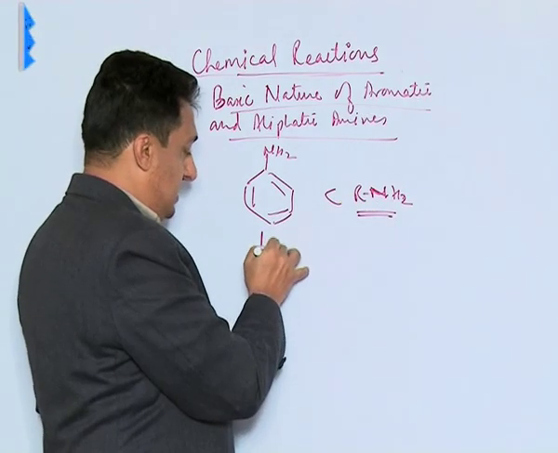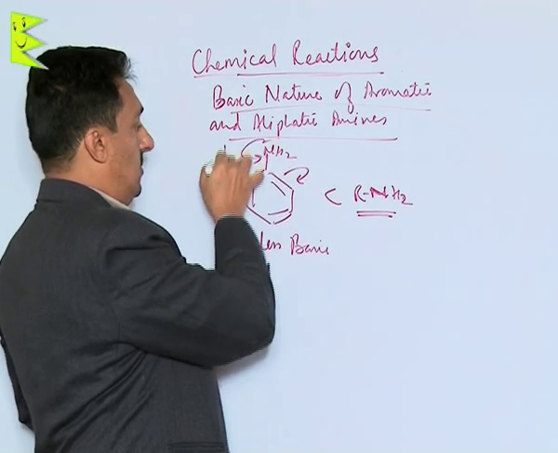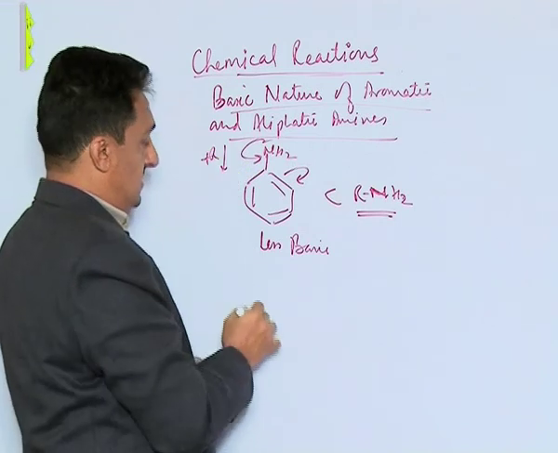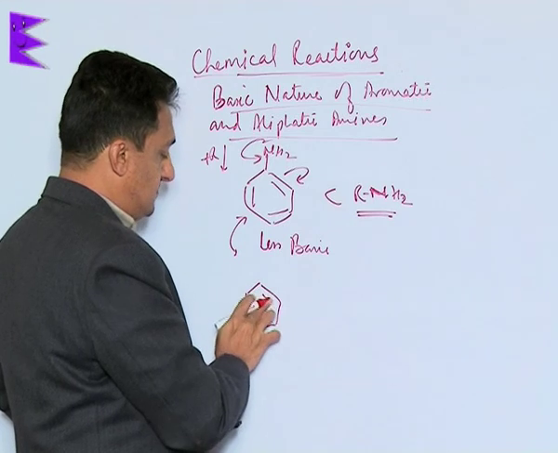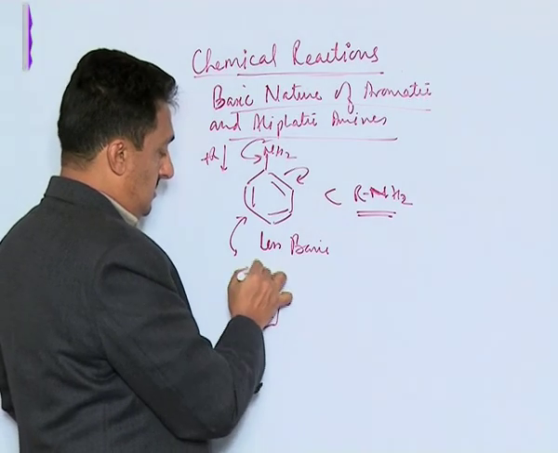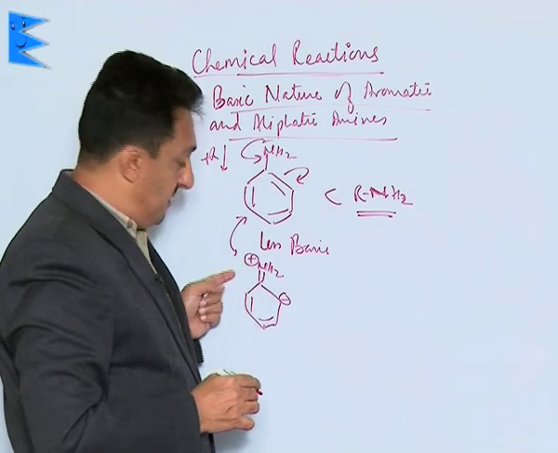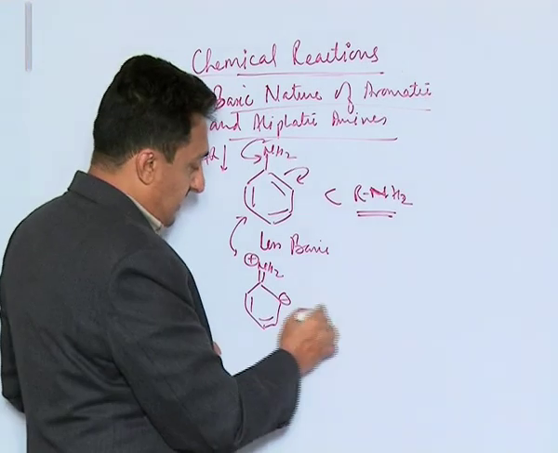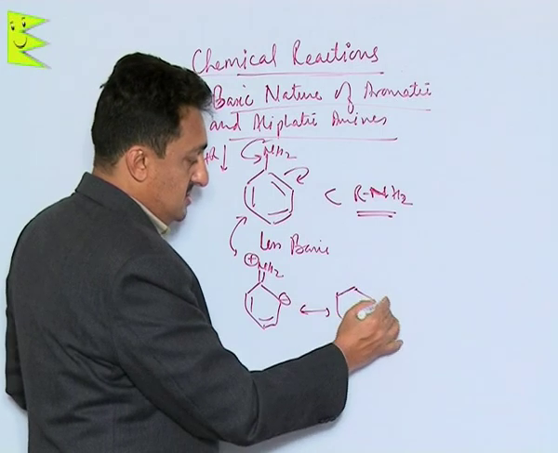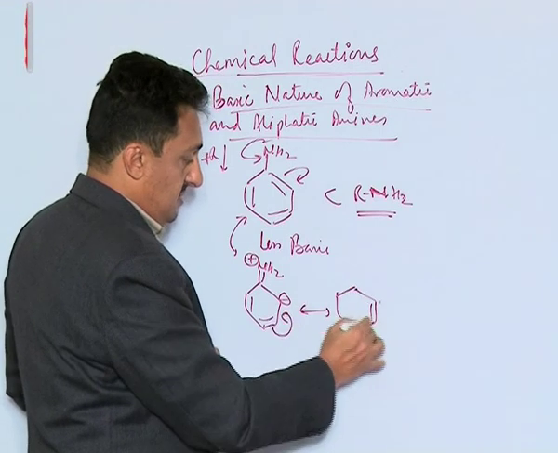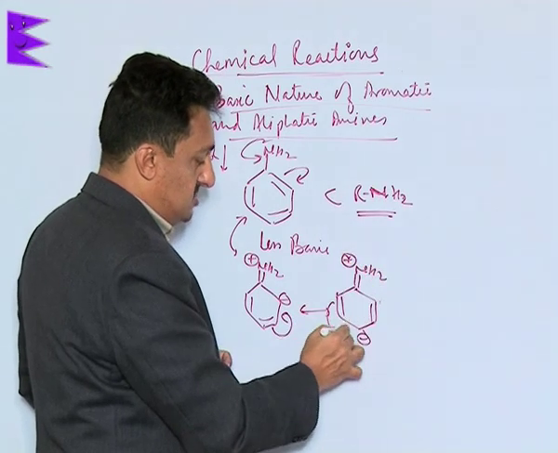Why are they less basic? The reason is they show what? Plus R effect. Due to this plus R, the nitrogen acquires plus charge and its lone pair gets dispersed on the benzene ring. As a result, the ortho-para positions acquire negative charge.